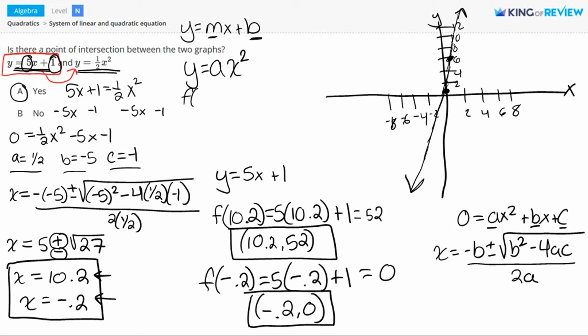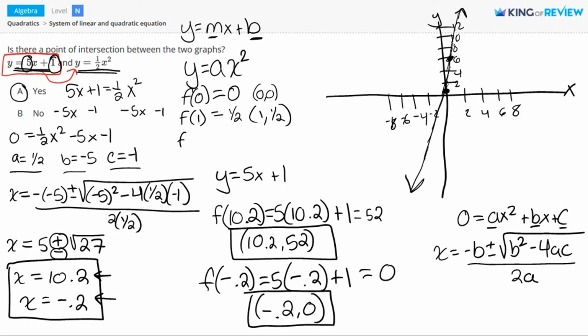I'm going to choose f of 0. If we plug this in, 1/2 times 0 squared is 0. So we have a point at 0, 0. Now I'm going to plug in 1. F of 1 equals 1/2 times 1 squared, and this is 1/2. So we have a point at 1, 1/2.